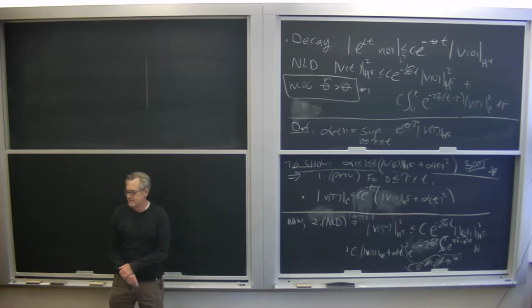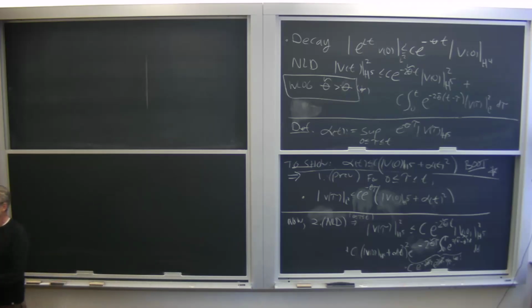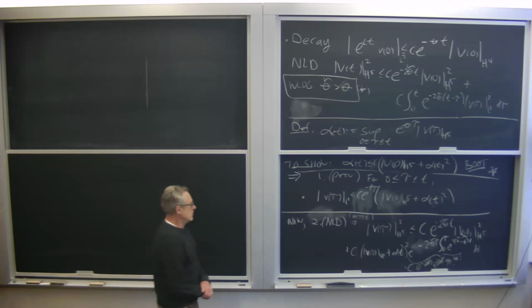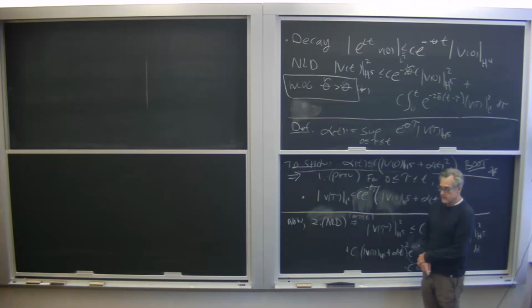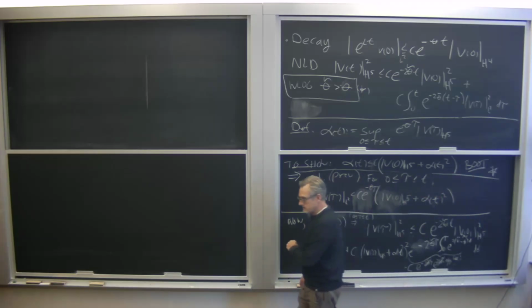To remember what we have assumed, did we have a smallness condition or did we not use it? No, we have to assume smallness. So it's a nonlinear stability for sufficiently small initial data in H5.